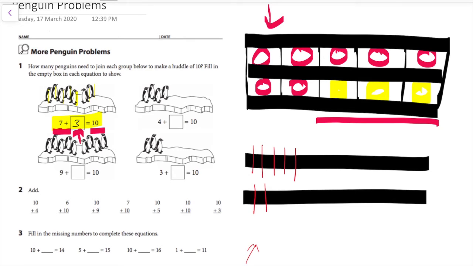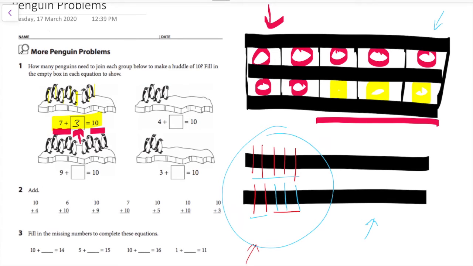Now, if I have 7 here, how many more would I need to make 10? 1, 2, 3. So we know that if these counters are pretending to be penguins, there would be 3 missing penguins that need to join the ice ledge for them to have 10 altogether. Did you see how we used a ten frame and also a number rack?